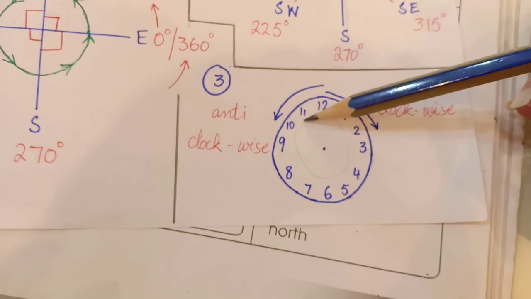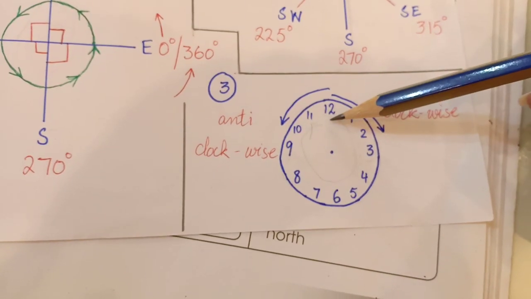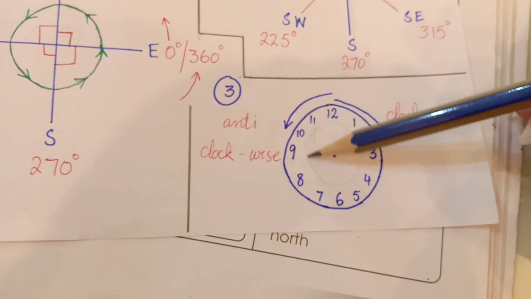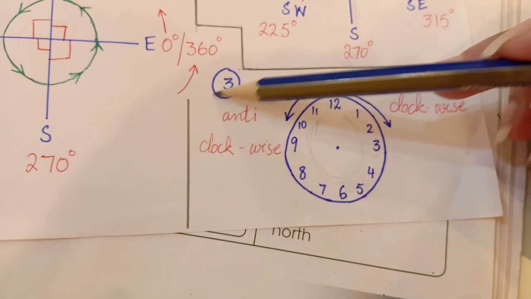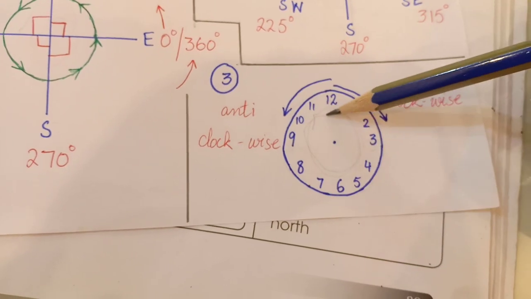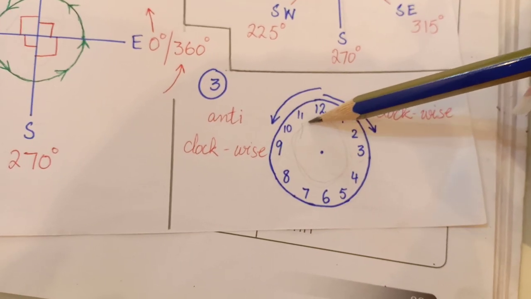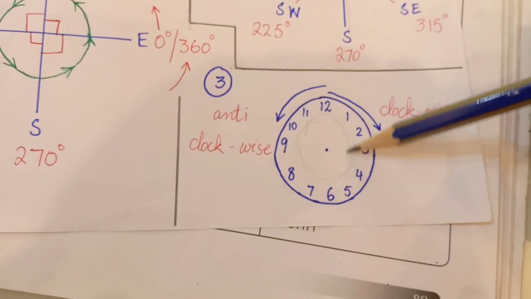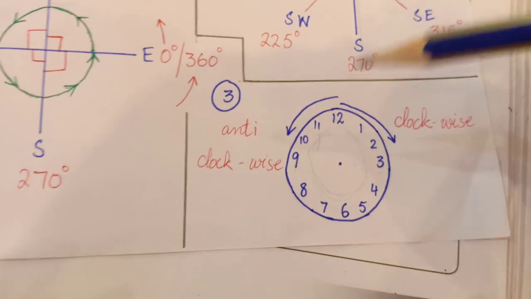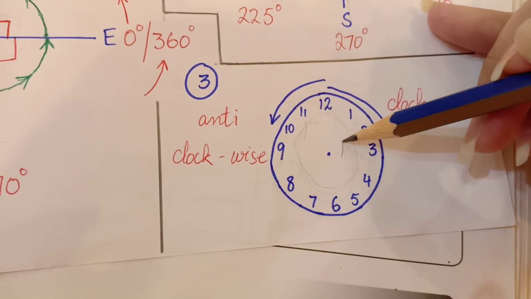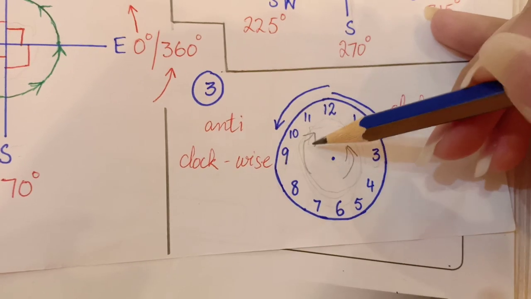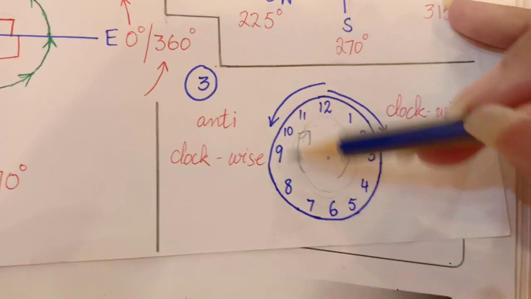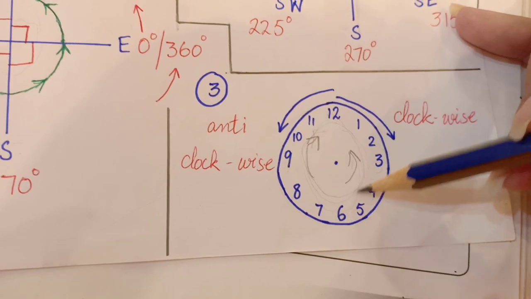The direction opposite to it, in which the needles do not move, will be anti-clockwise. If you move from here to here, it will be anti-clockwise. This is anti-clockwise and this is clockwise.